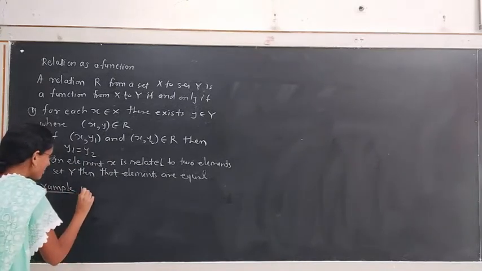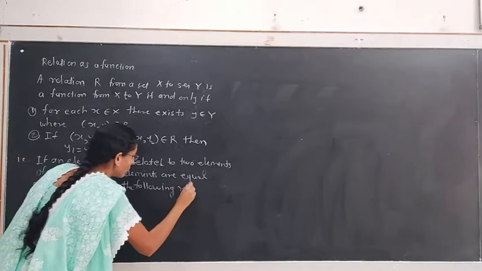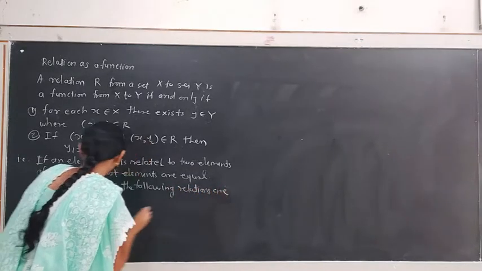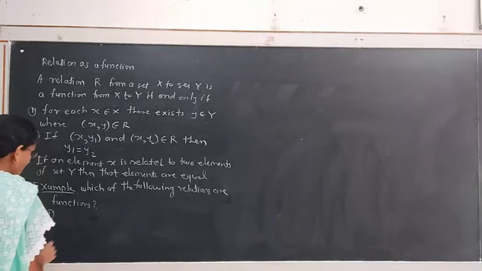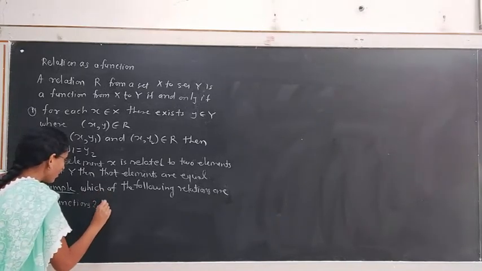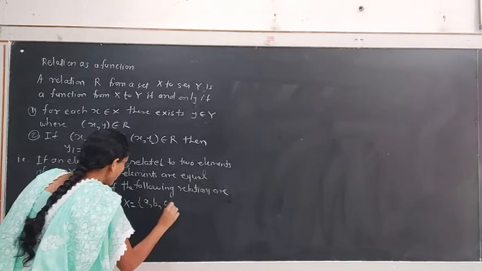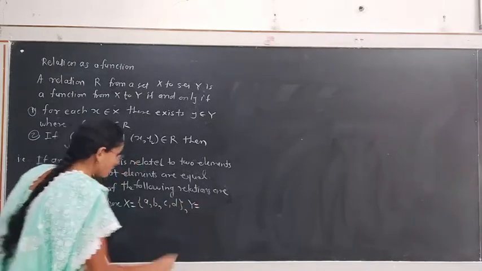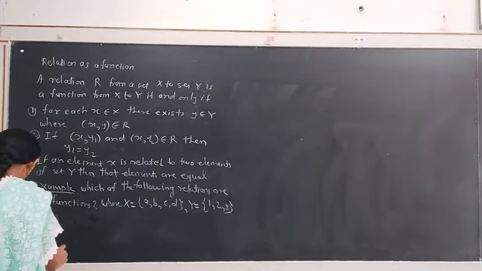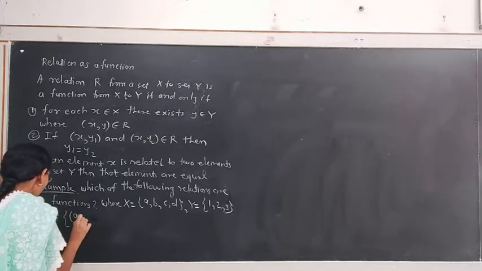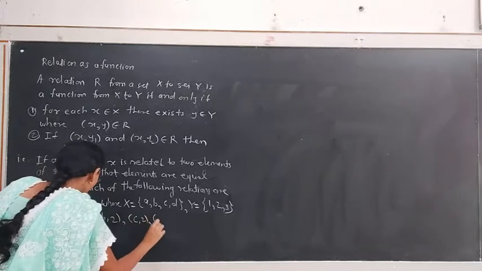Which of the following relations are functions? First, functions on sets where set X is equal to {a, b, c, d}, a set of 4 elements, and Y is equal to the set of 3 elements {1, 2, 3}. First, relation F is defined by the ordered pairs (a,1), (b,2), (c,2) and (d,3).